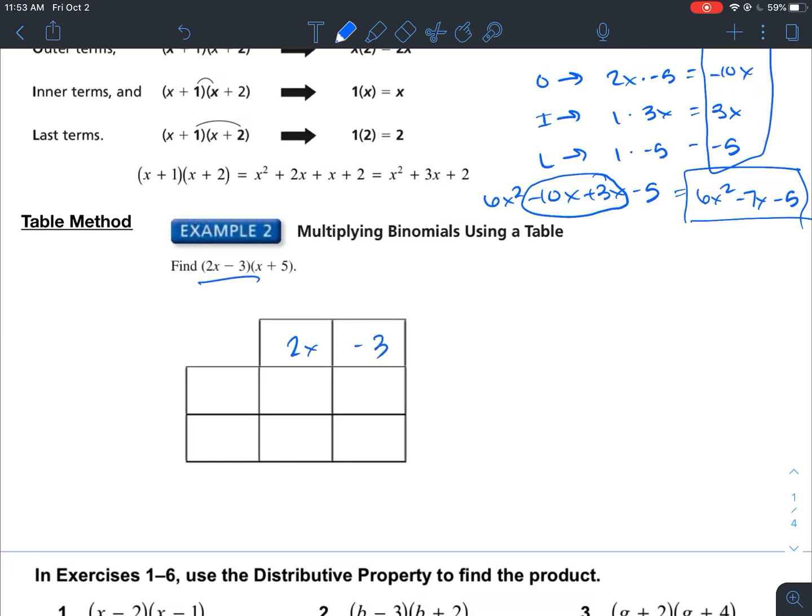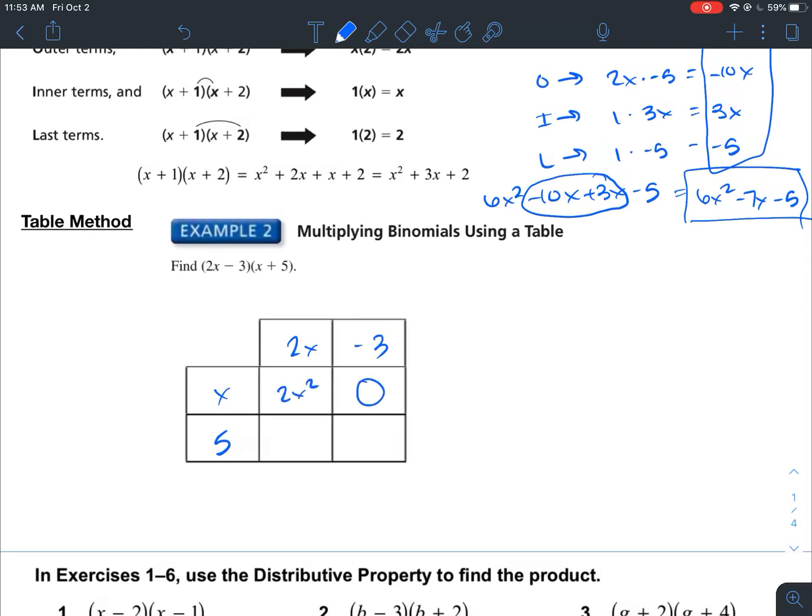That's what we have here. And then in the other term we have x and positive 5. Okay? And then we just look at this box right here, which is the 2x and the x, right? Multiply those together. So 2x times x, which is 2x squared.